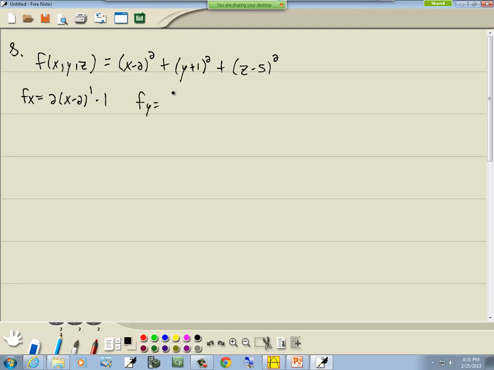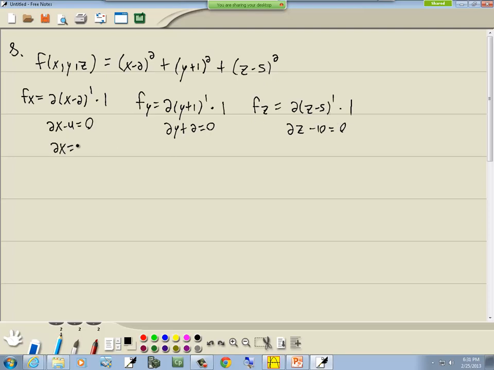Partial with respect to y: take the power, put it out in front, lower the power by 1, times the derivative of what's inside the parentheses, which is 1. And the partial with respect to z is the same process. So this gives us 2x minus 4, and we'll set it equal to 0. This gives us 2y plus 2, set equal to 0. And this is 2z minus 10, set equal to 0.